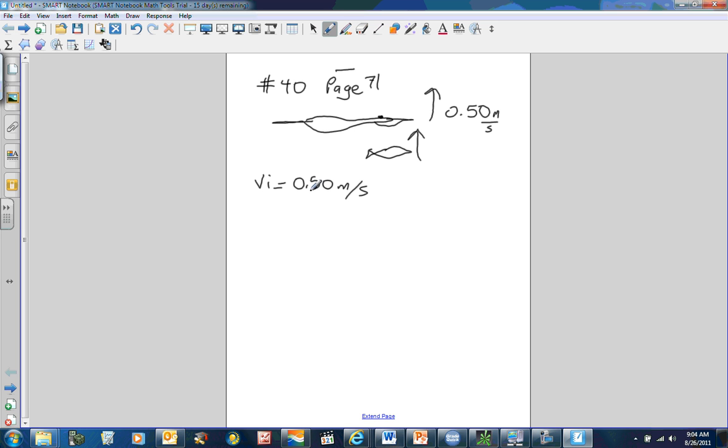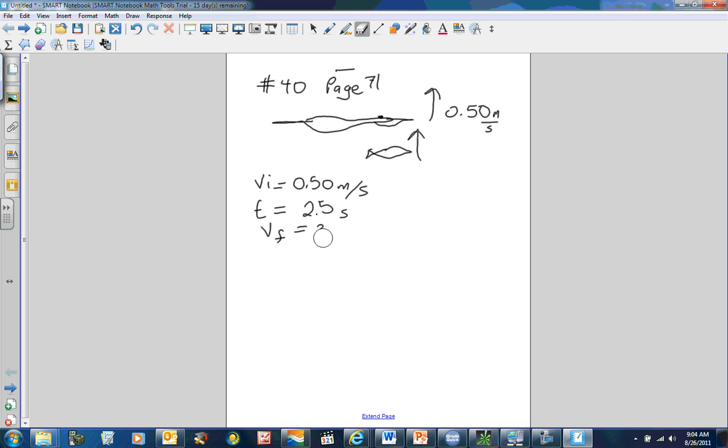They gave us time as 2.5 seconds. In other words, in 2.5 seconds, what is the final velocity of this fish? That's what we're looking for.